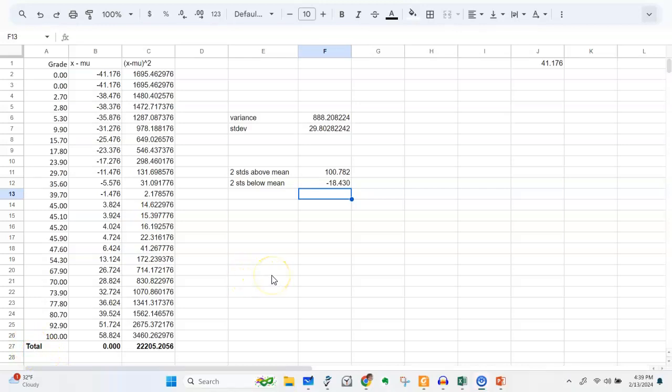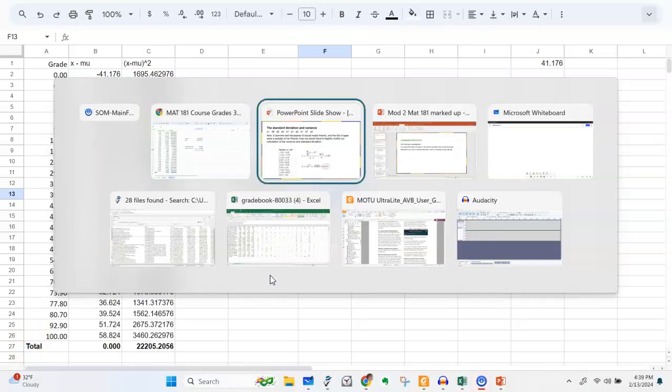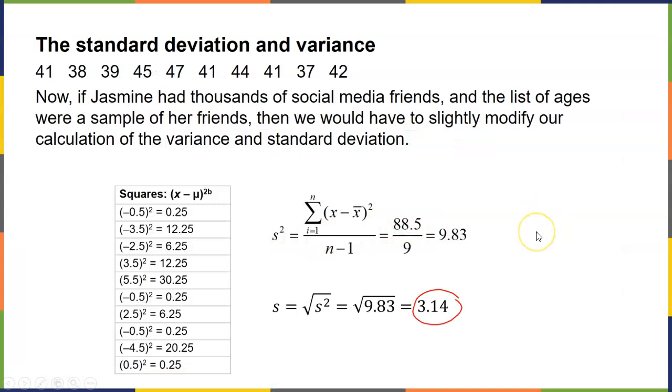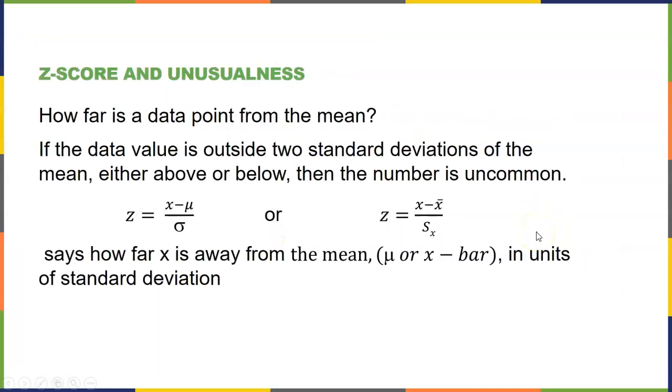Okay, and our last item is we are looking at the z-score. So the z-score is a number that we calculate for a data point of interest, right? So how far is a data point from the mean?